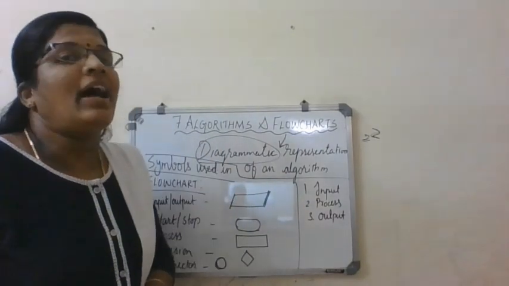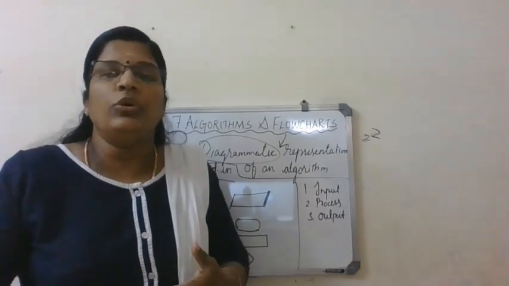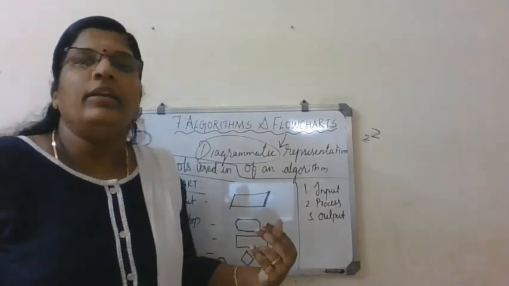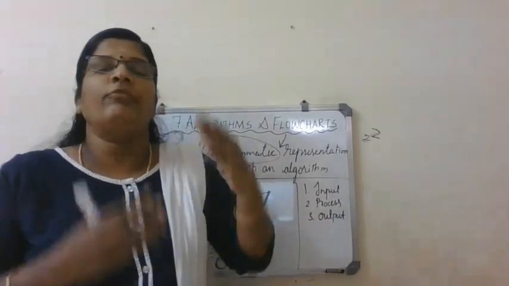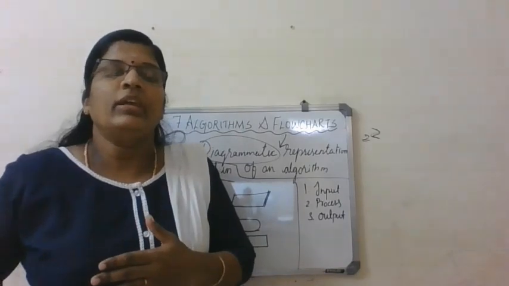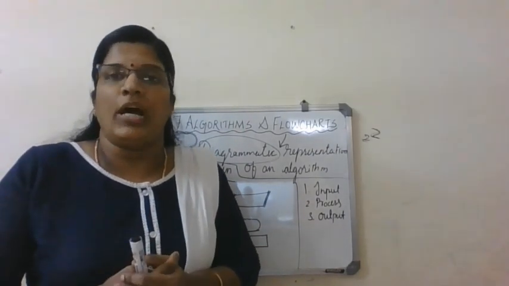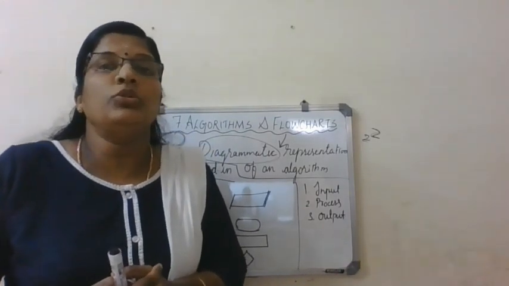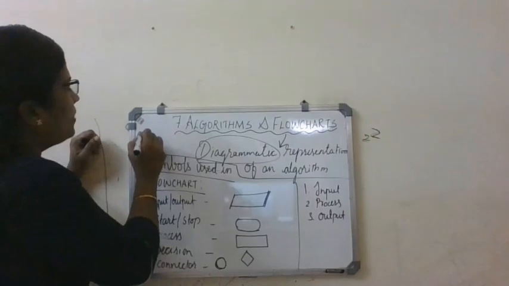The last one is called arrow marks. When we write a flowchart, so many symbols are there. If we simply draw the symbols, how do we understand where to go and where to connect next? The arrow marks help you to connect the flowchart. So the sixth one is arrow marks.